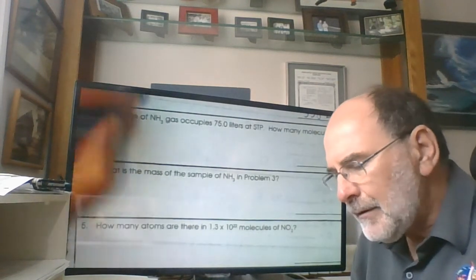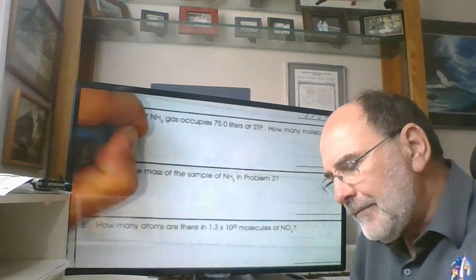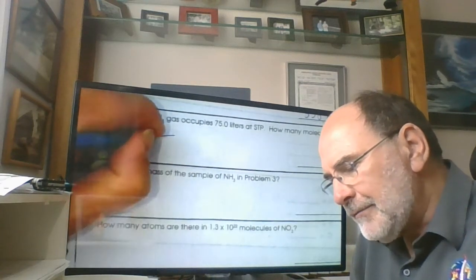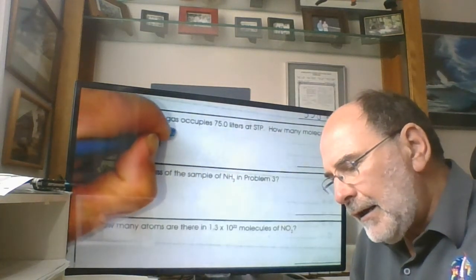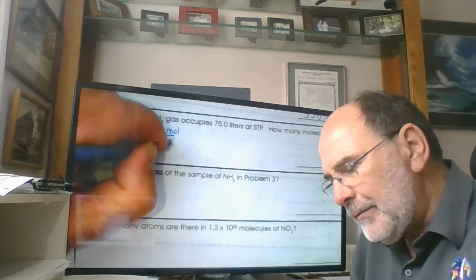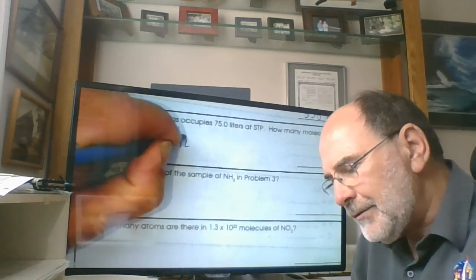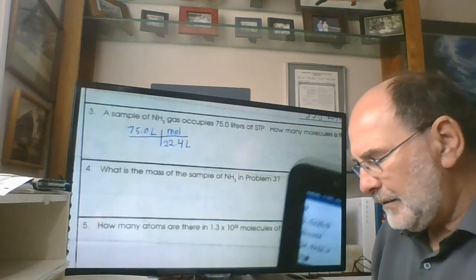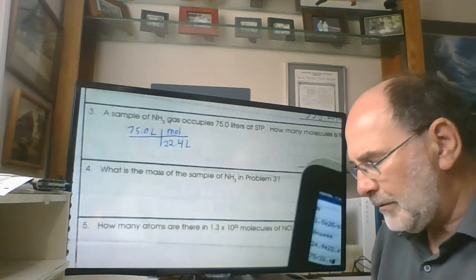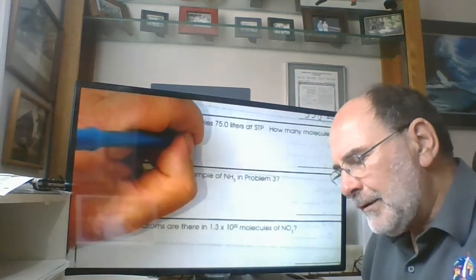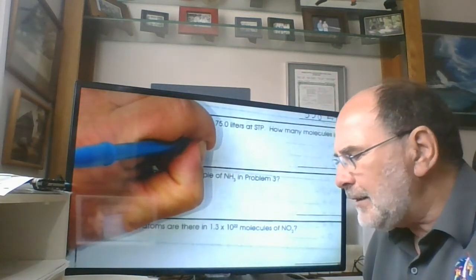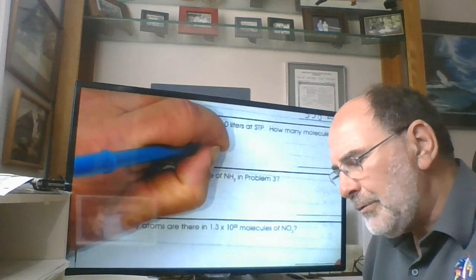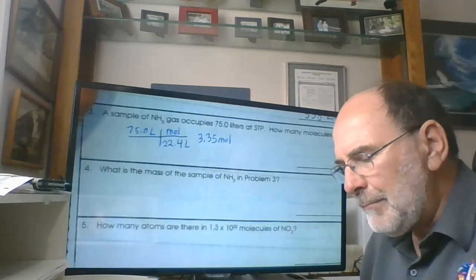Okay? First, 75 liters needs to be converted into moles. I know that 1 mole is equivalent to 22.4 liters of volume. So, step 1, 75 divided by 22.4. Enter. So I'm working with 3.35 moles of ammonia gas.